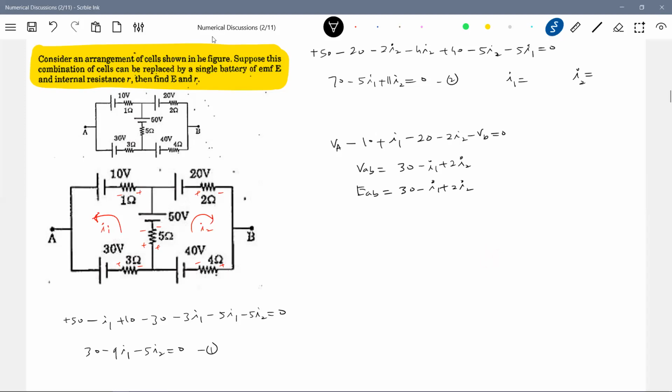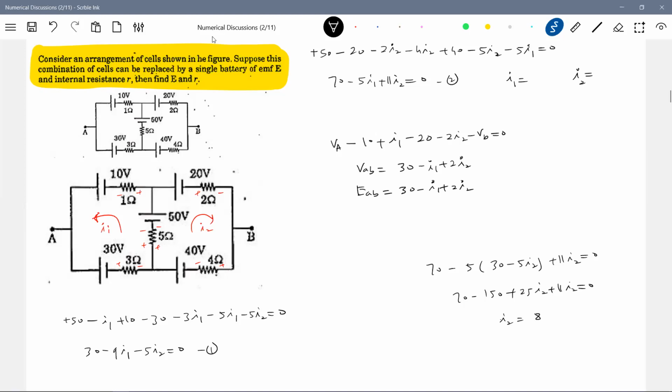I should replace I1 there, no? So this will be 70 minus 5 I1, which will be 30 minus 5I2. So 70 minus 150 plus 25 I2 plus 11 I2 equals 0. 80 it will become.